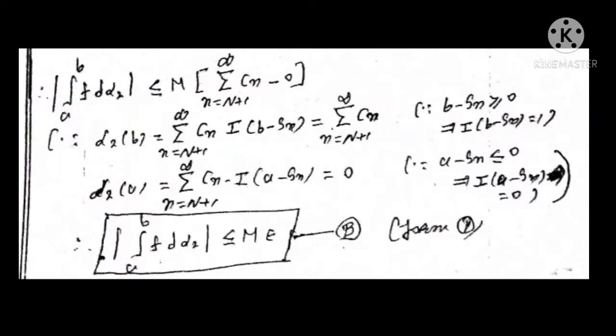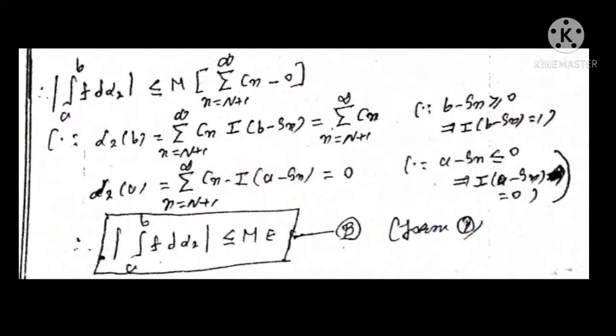Now b minus Sn is greater than or equal to 0, so the step function of b minus Sn is equal to 1. So its value will be 1, which gives the sum from n equal to N plus 1 to infinity of Cn.